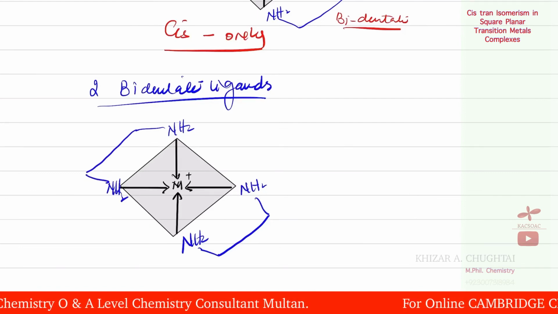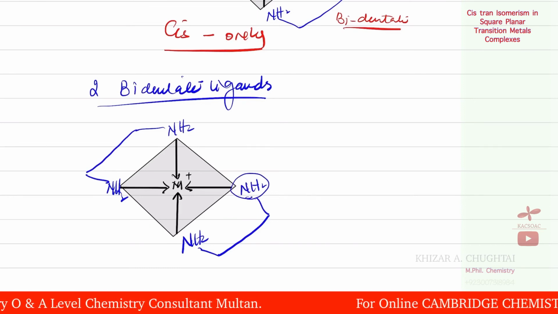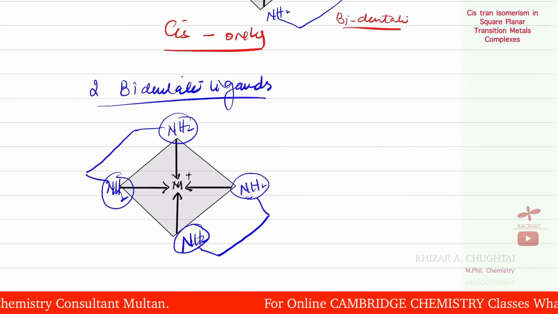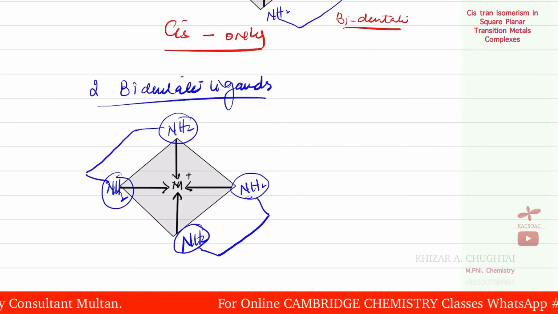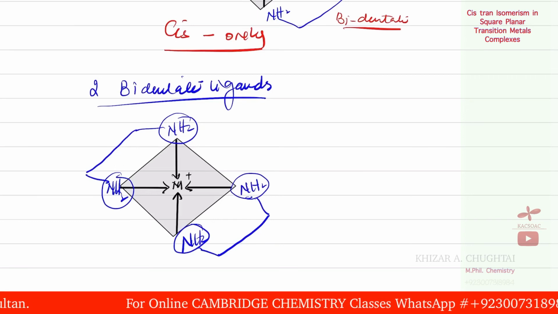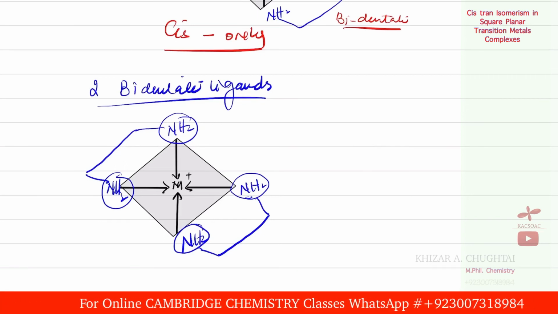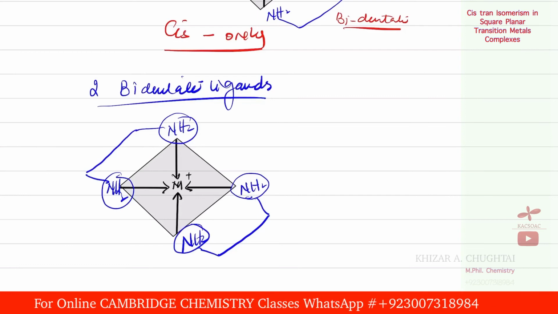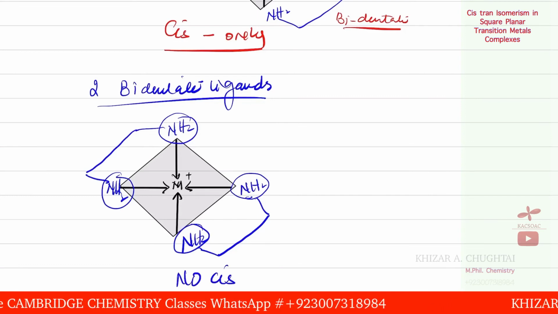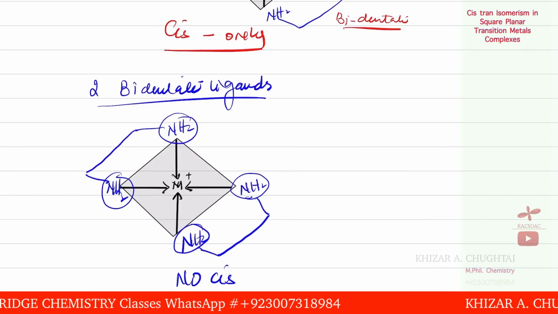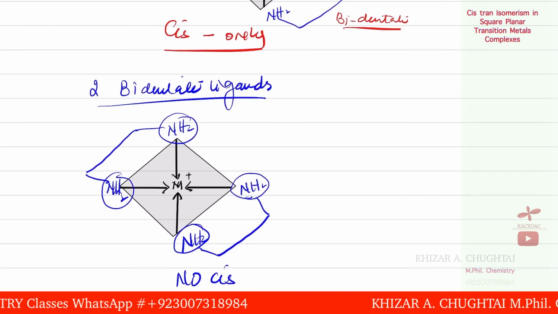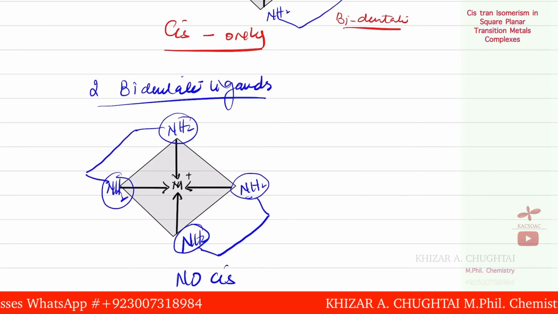In this complex, all four donor atoms, the donor groups, are the same. In this case, this complex is incapable of showing cis-trans isomerism. So no cis, no trans. This molecule will not exhibit any sort of cis-trans isomerism.